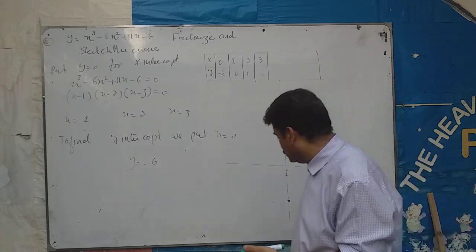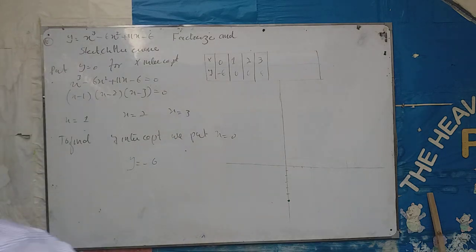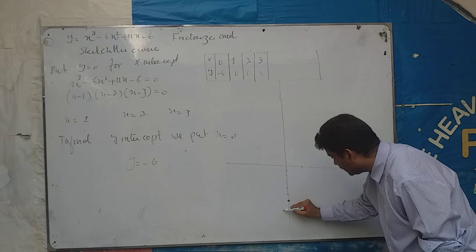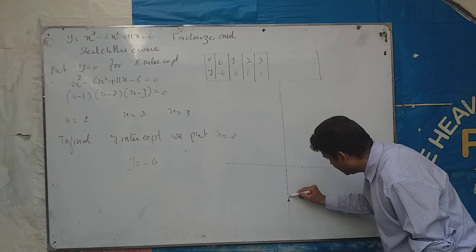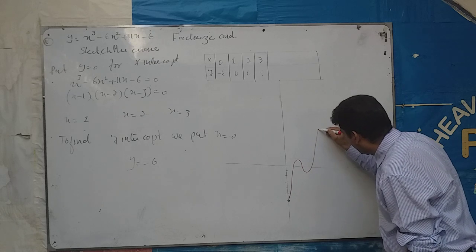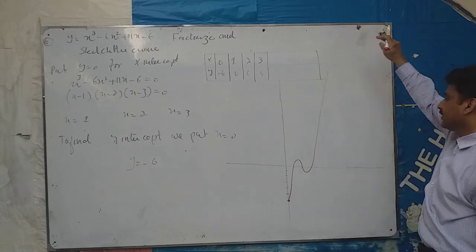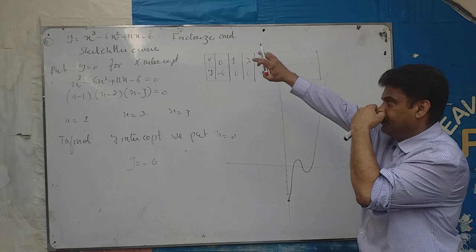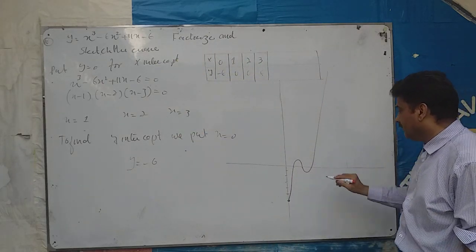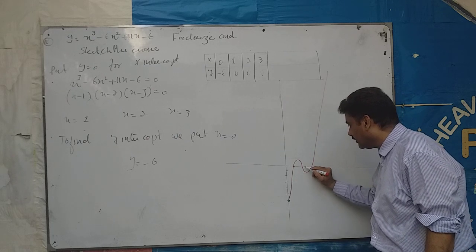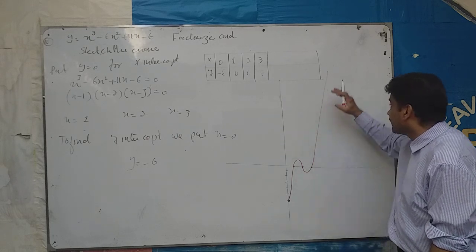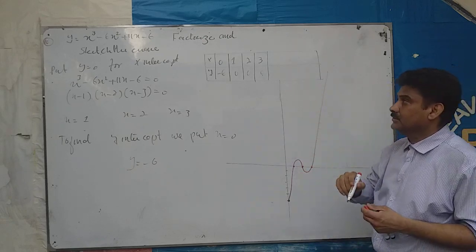We join these points, and this is the graph of this curve, with x-intercepts at x equal to 1, x equal to 2 and x equal to 3.